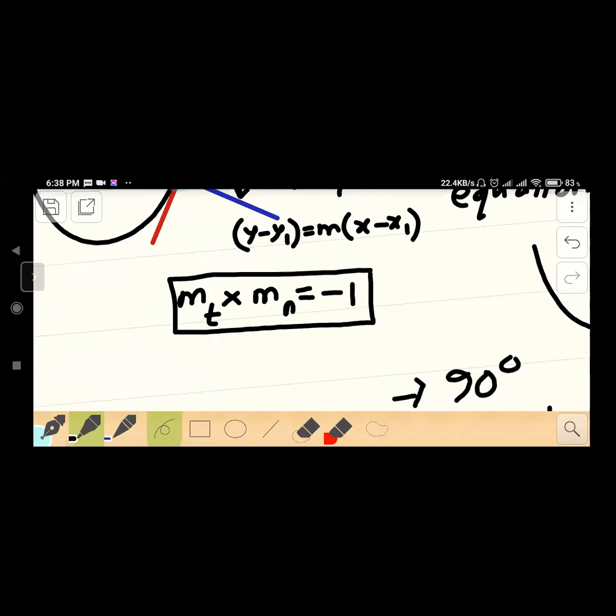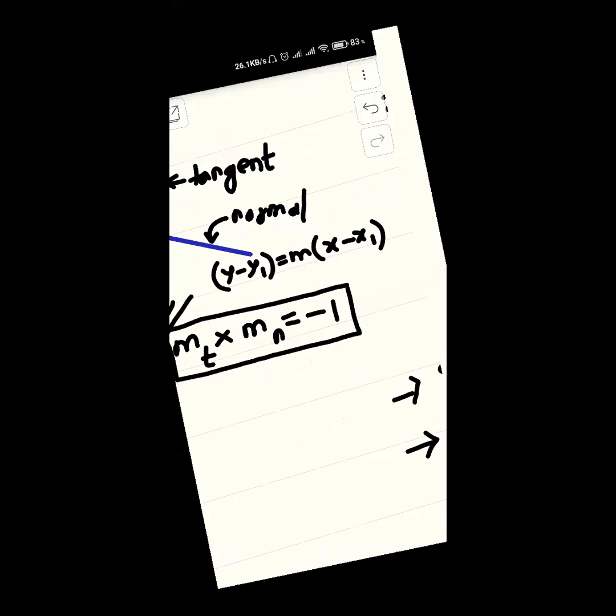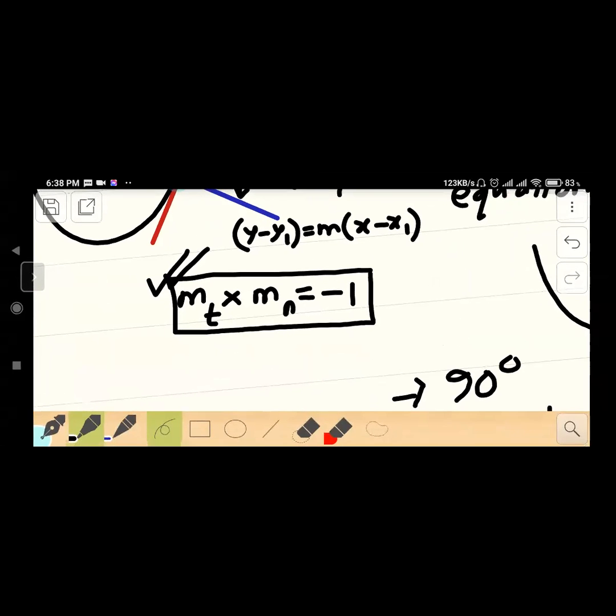Not only tangent and normal, it is the formula which relates any two perpendicular lines. For any two perpendicular lines we can apply this formula to find one gradient from another gradient. Gradient of tangent into gradient of normal equals -1.